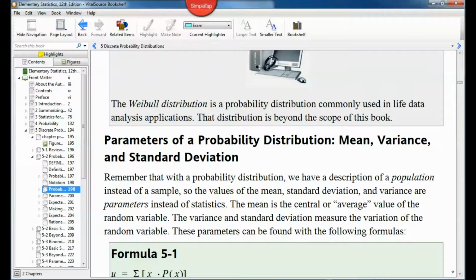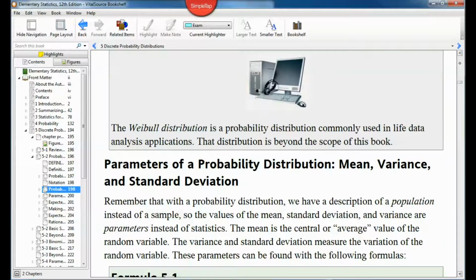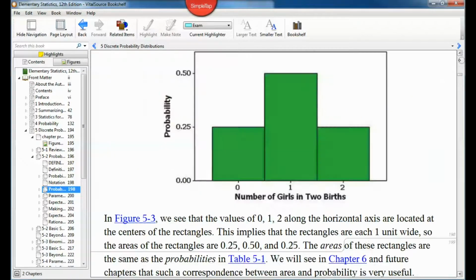Now, if we do have a probability distribution, then we can find the mean of a probability distribution, mean mu, very important formula here, by saying the sum of x times p of x. So we need to make a new column. So, for example, let's go back to this first table real quick.